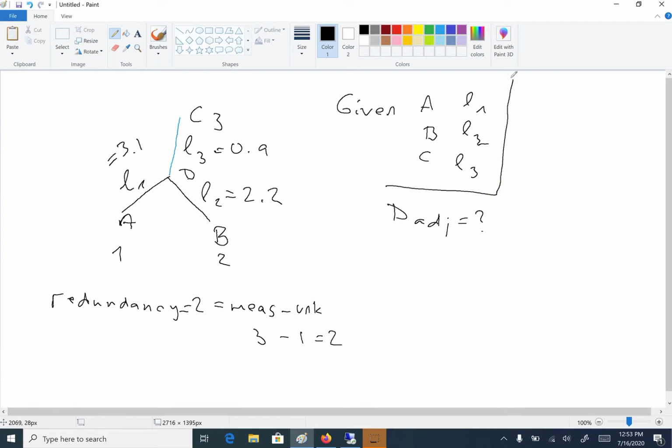So any least squares setup is the following. The number of equations is equal to the number of measurements.